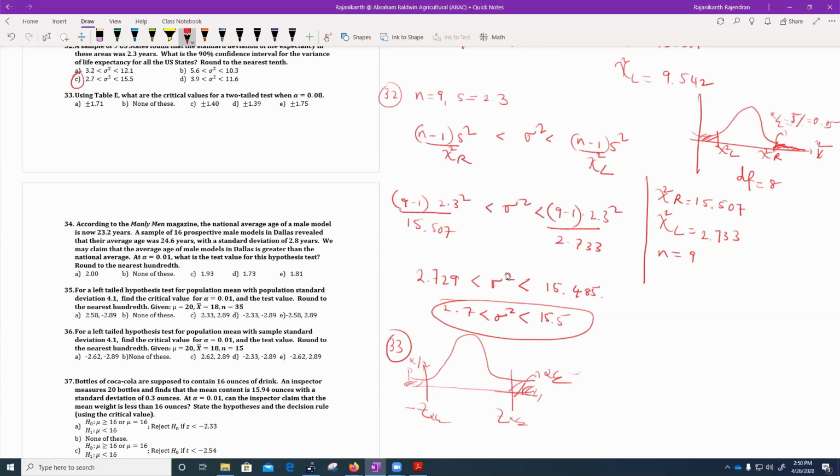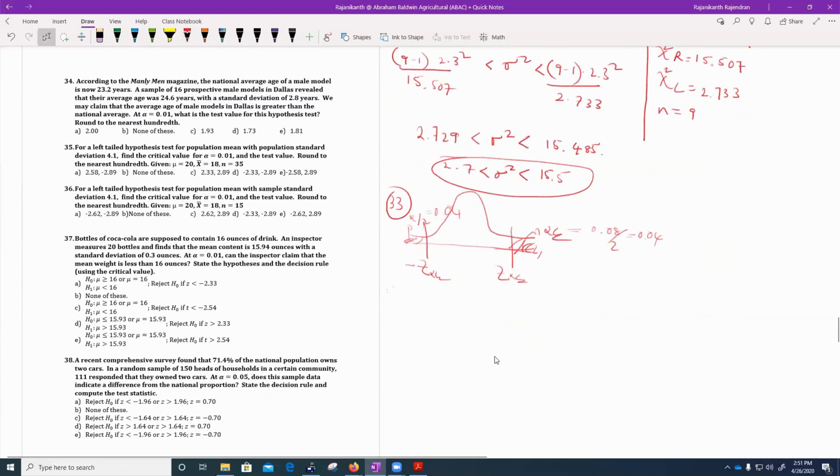And what is my alpha over 2 then? Alpha is 0.08 divided by 2. That is 0.04. This side as well, 0.04. Therefore, we know how to find the left point easily. This is inverse norm of 0.04. Find this from your calculator.